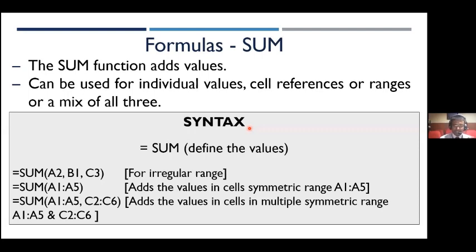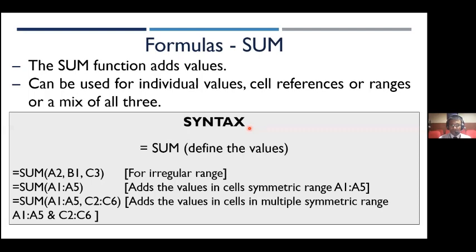Yesterday's session, we had discussed the concept of range. I told you about irregular range, and then I told you about symmetrical range. An irregular range is when you're not picking up the cells in a series.